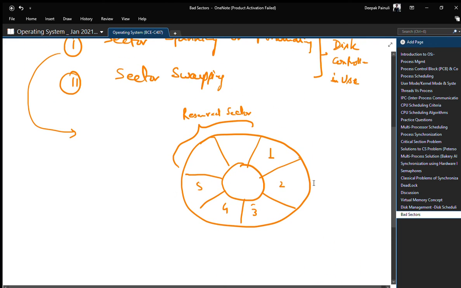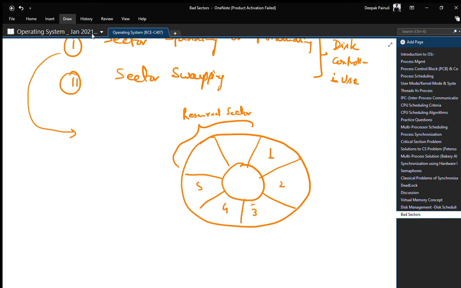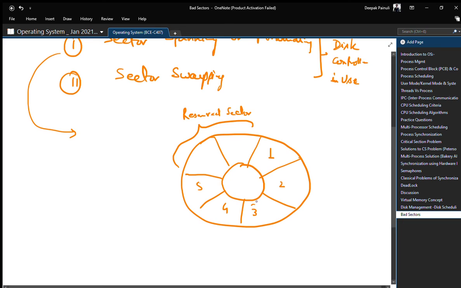Now let us say this sector number 3 has been detected as a bad sector, for example.